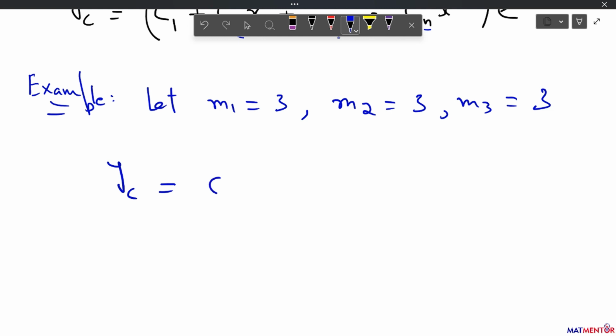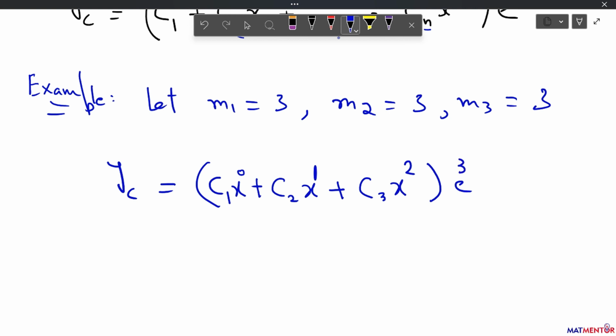So I will pick 3 constants: c1 x raised to power 0 plus c2 x raised to power 1 plus c3 x raised to power 2, and then e raised to power 3x.